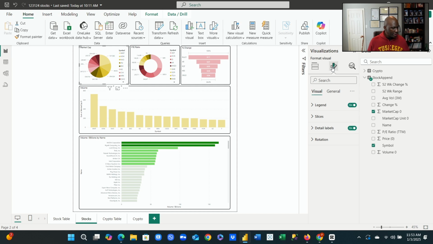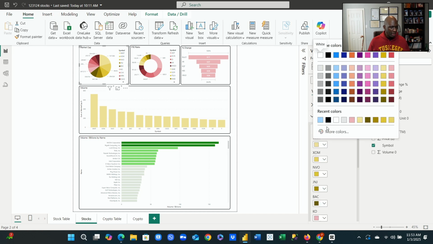But in this particular case, for instance, I selected the pie chart. I came over to slices, and you can see the colors that I chose, and it was pretty simple. I just started at what is next to the last column, and I came down. I just selected colors from there because those are on the same scale.